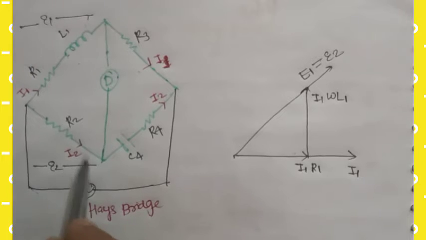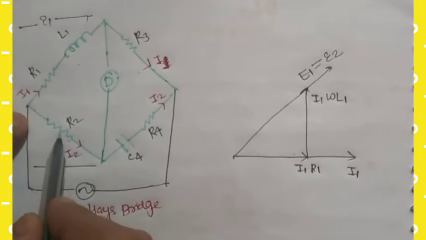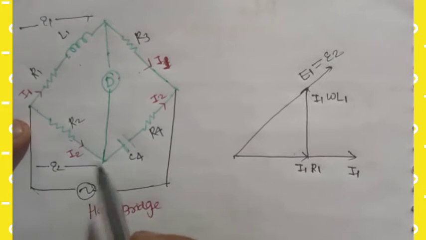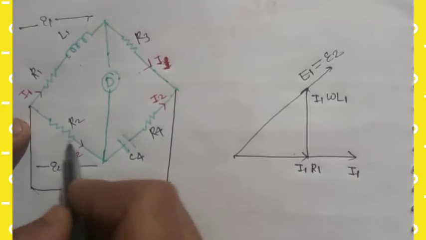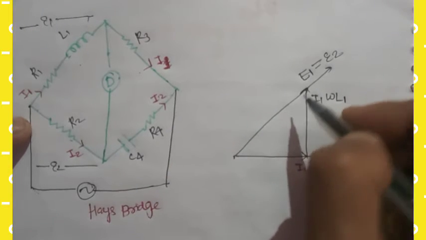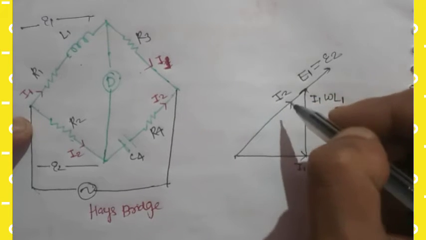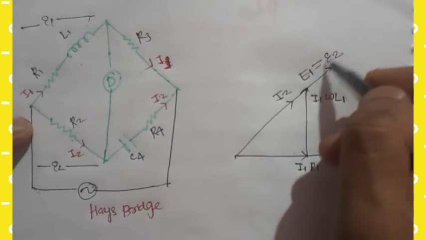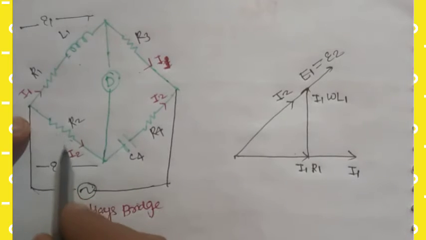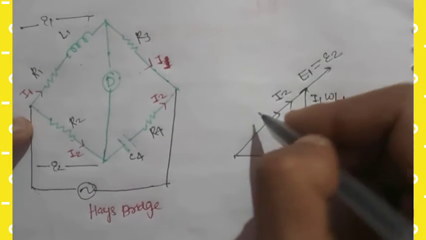In this circuit for E2, we are seeing that there is a resistor, so the current element will be in the same phase with voltage E2, so we will take here I2, and since E2 is I2 R2, we will take here I2 R2.